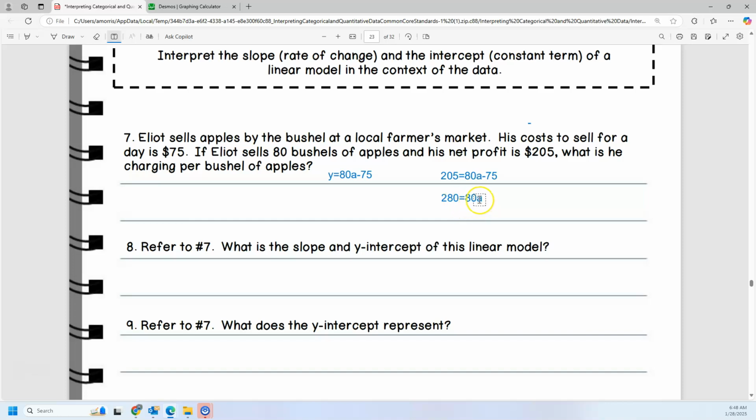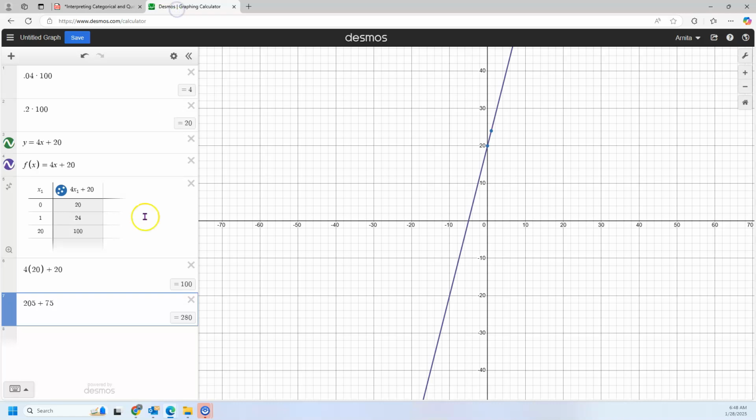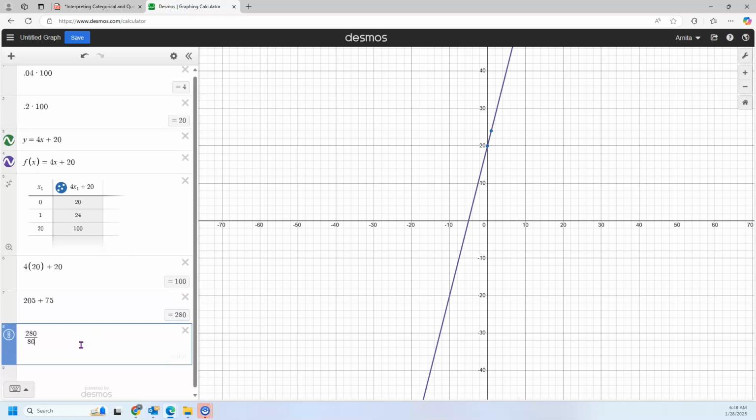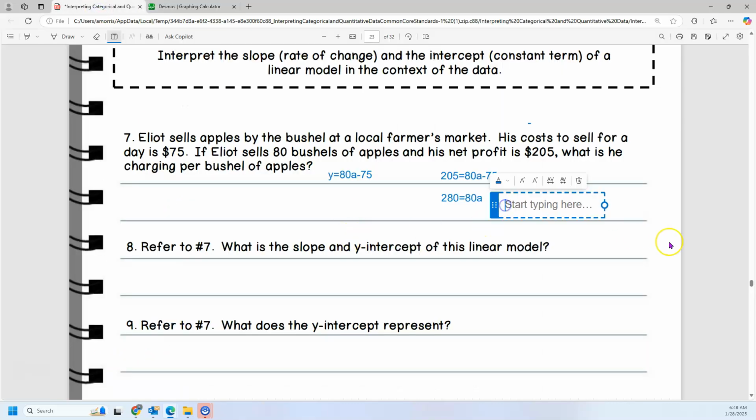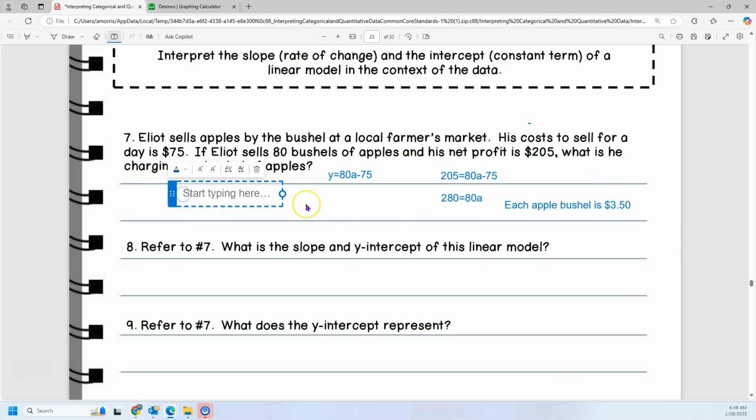That means, this is multiplying, right? So I need to divide. So what is 280 divided by 80? 3.5, okay? So that means that each apple bushel is $3.50, okay? So then I can rewrite this equation.